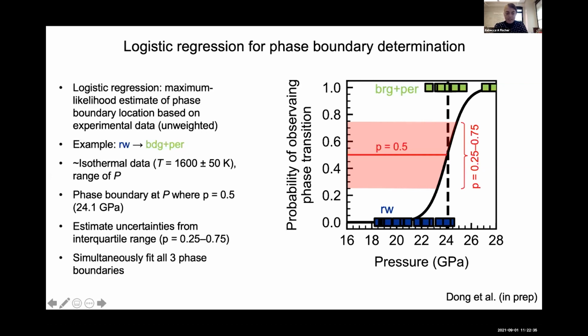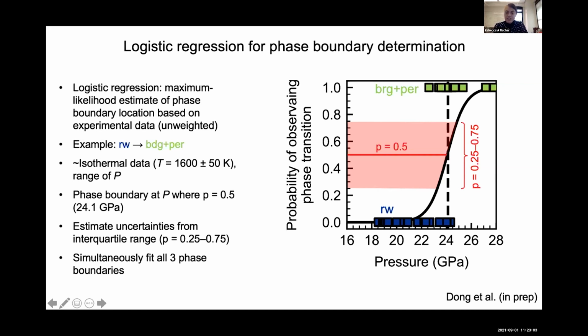And this is approximately isothermal data that I'm showing you here from about 1600 Kelvin over a range of pressures. So the data span different pressures, and this vertical axis is the probability of observing the phase transition. Where we see ringwoodite, the probability is 0. Where we see bridgmanite plus periclase, the probability is 1. And of course, these are real data, so there's some overlap here.